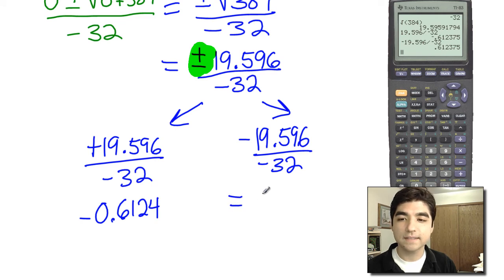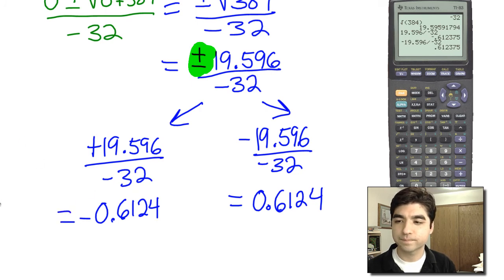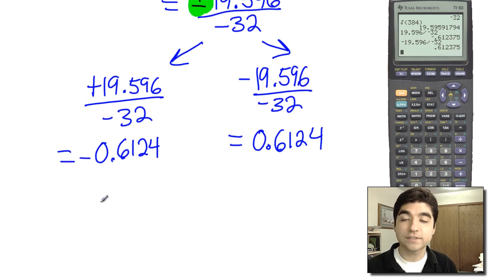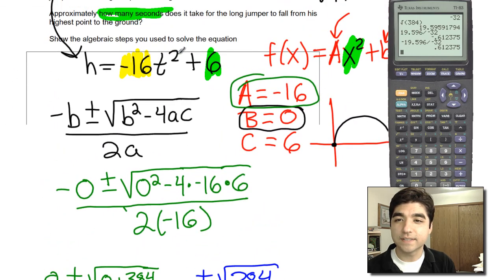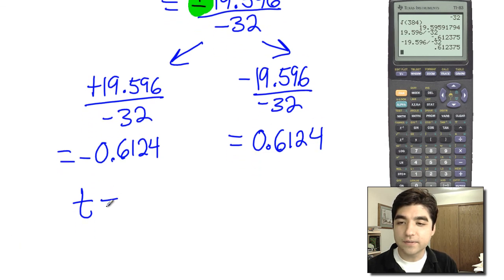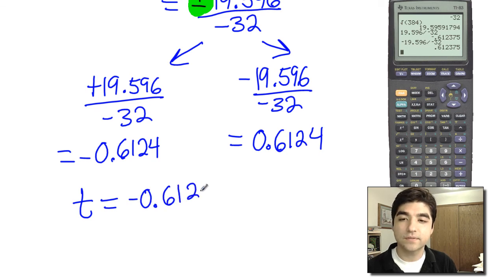That equals positive 0.6124. So your answers are t, because our independent variable is a t, got that? Equals a positive and negative, so equals negative 0.6124, and it equals a positive 0.6124.